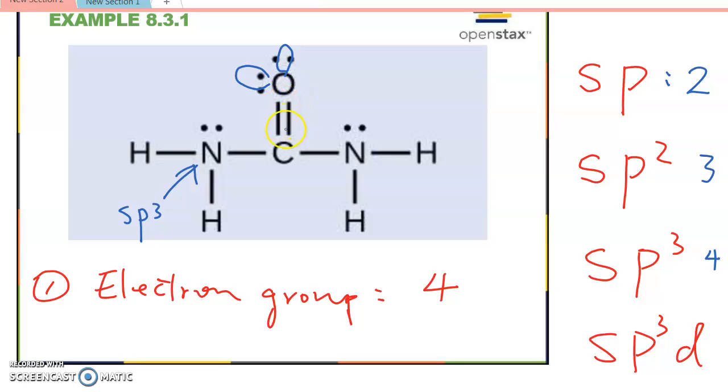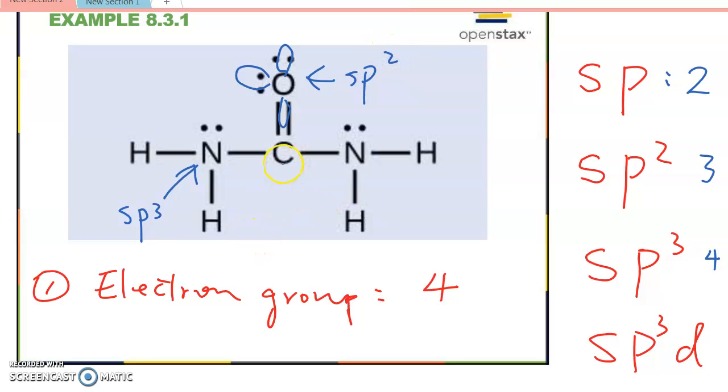I have 3 electron groups. That means I will have sp2. See, 1 plus 2 over here equals 3. When I have 3 electron groups, I know that this one is sp2 hybridized.